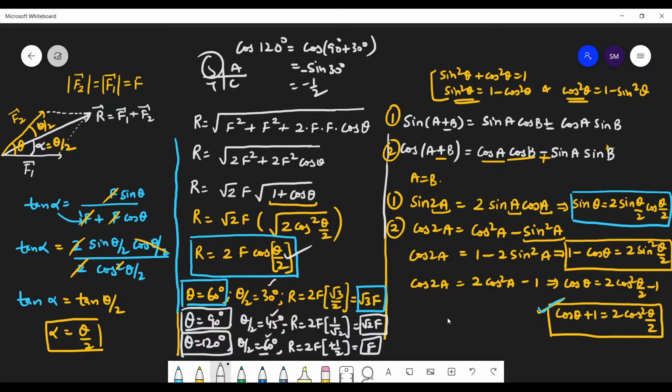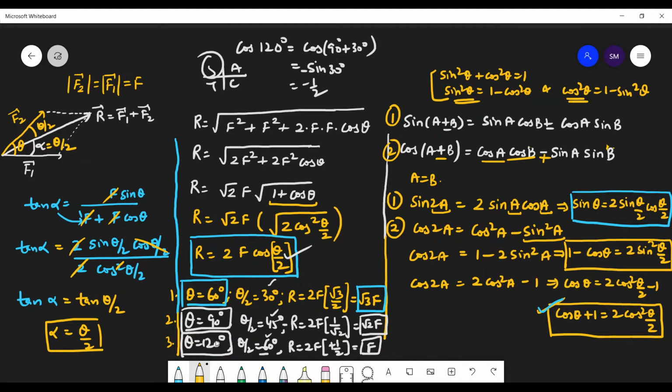Is this clear, students? Yes, sir. So that is why we don't put the value theta equals to 30 degree, because the resultant here is theta by 2, so that is why we know the value of cos 30. So theta is 60. That is why these are the prominent cases, case 1, 2 and 3.